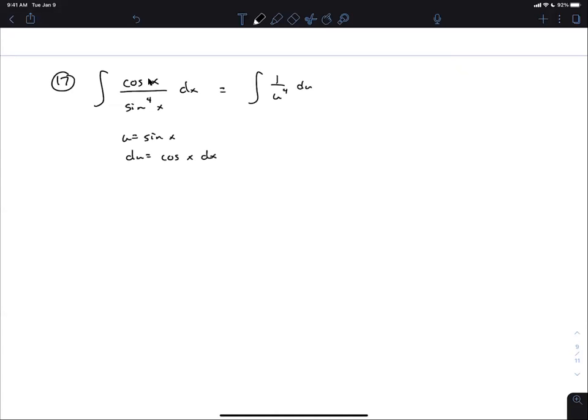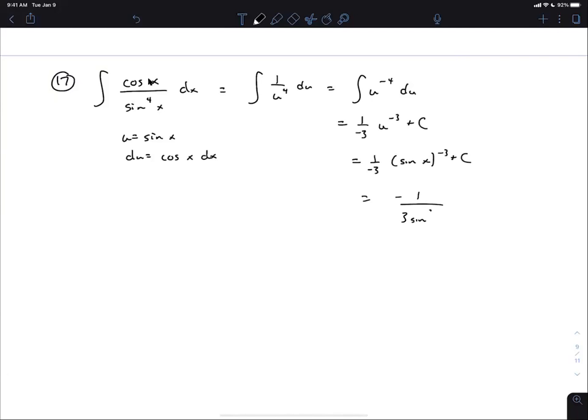Does that make sense? And so then 1 over u to the 4th is u to the negative 4. And then we use the power rule. So 1 over negative 3 u to the negative 3 plus c. That's 1 over negative 3 sine x to the negative 3 plus c. And then probably you would write that as negative 1 over 3 sine to the 3rd x plus c, and that's it.